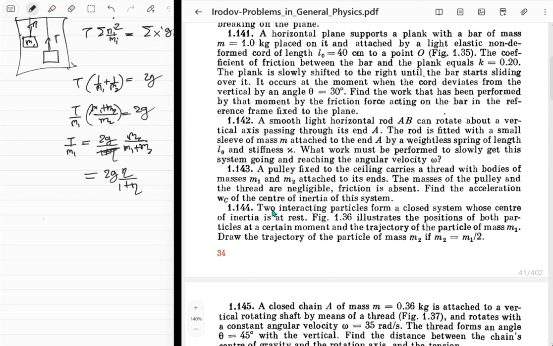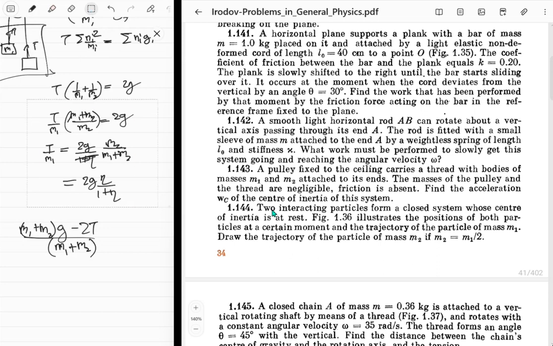So the acceleration will just be m1 plus m2 times g downward minus 2T, all of that upon m1 plus m2, right? That is really what we want to figure out.